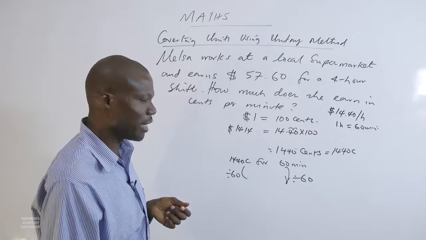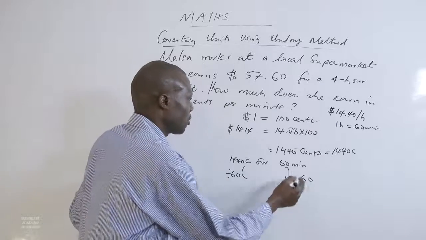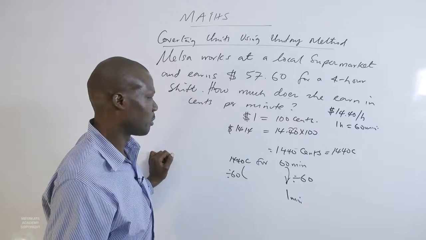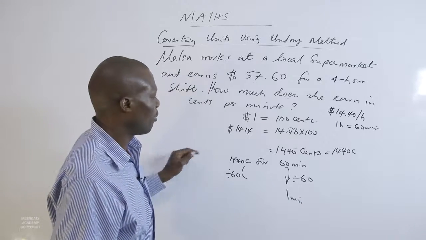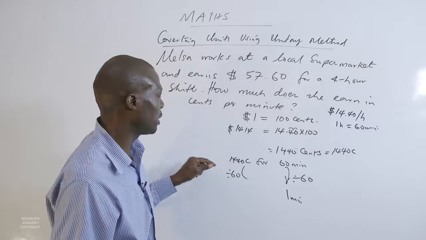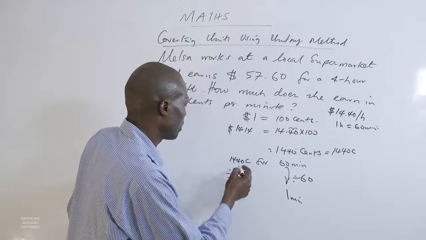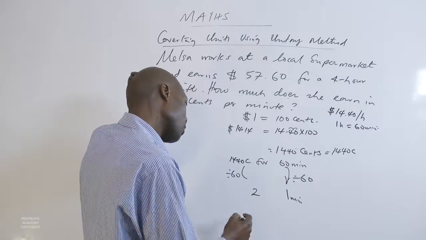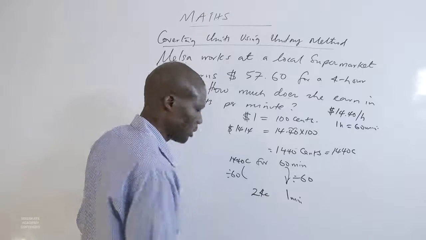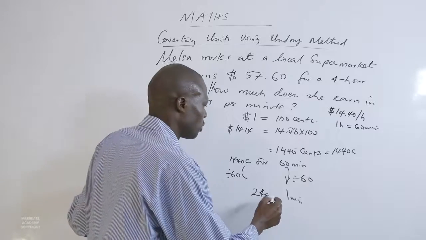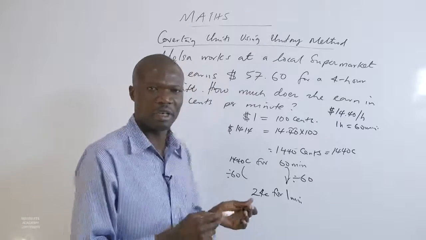So they choose to divide that. 60 by 60 is 1 minute. 1,440 by 60, you'll get this one giving us 24 cents. Therefore, 24 cents for 1 minute.